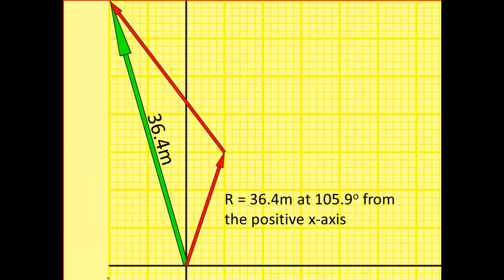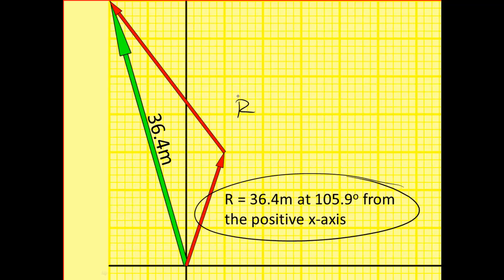So that's how we end up with that answer. We got our answer of R equals A plus B. This is our R vector, our A vector, and our B vector. That's how we got that answer.